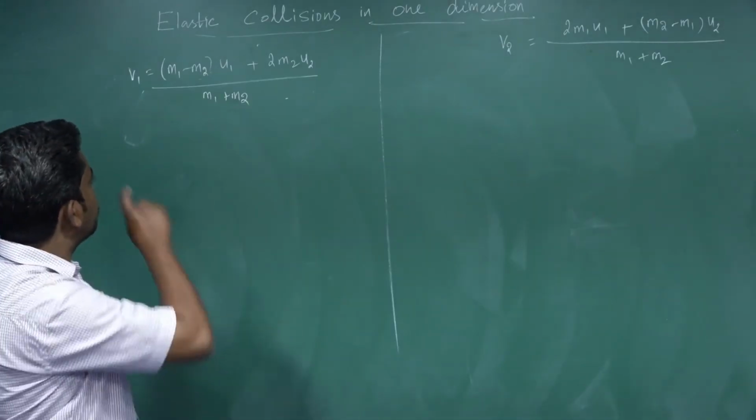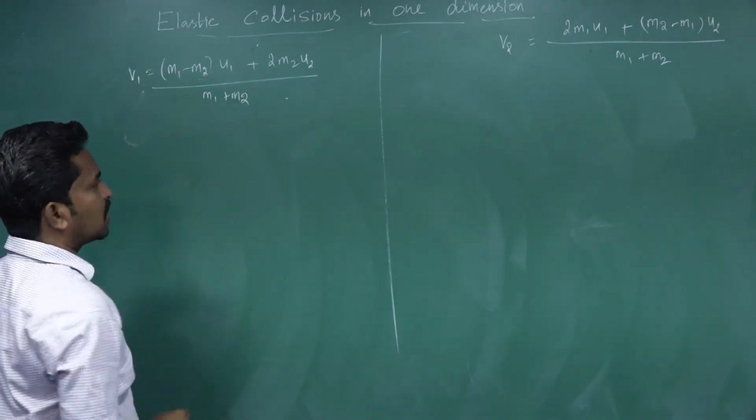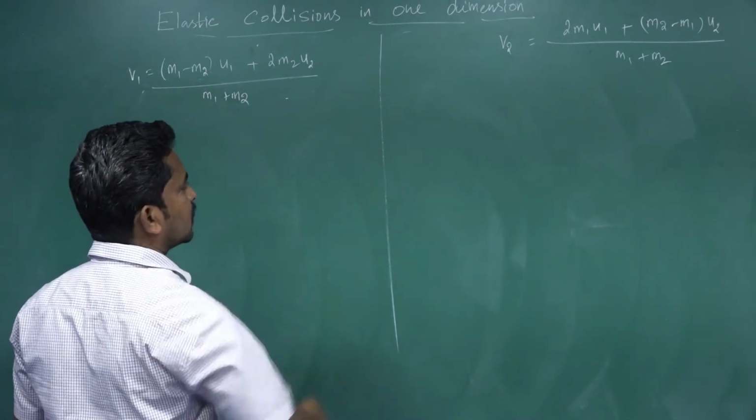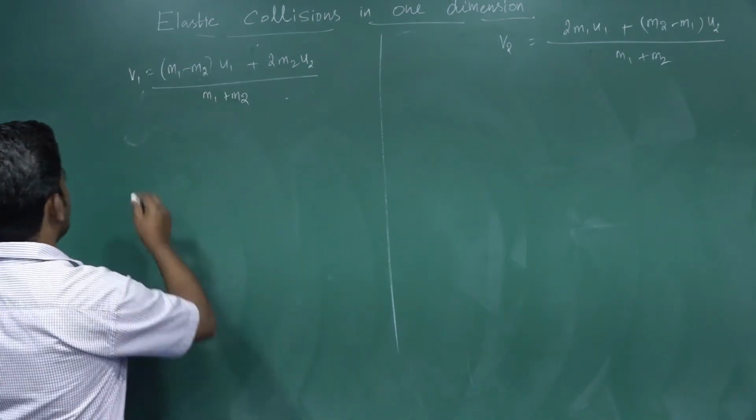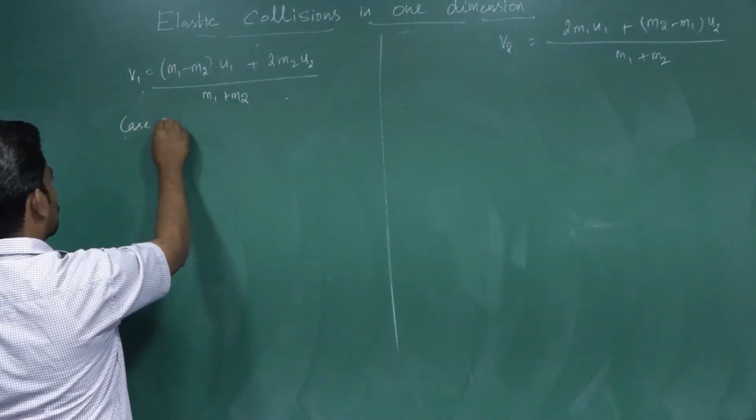In case 3, we look at the final velocity equations for both bodies. What is the case 3 condition?